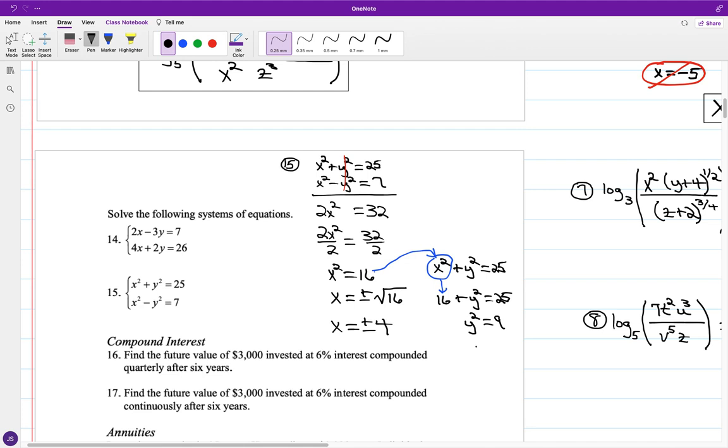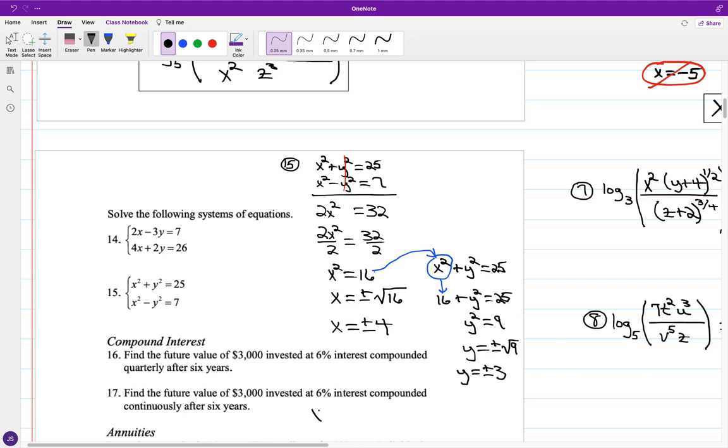With the square root property of equality, y is equal to plus or minus the square root of 9, so y is equal to plus or minus 3.